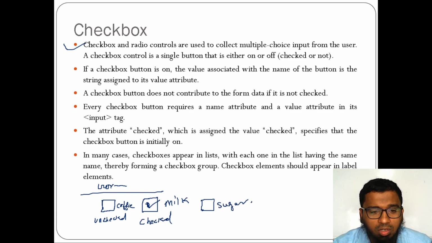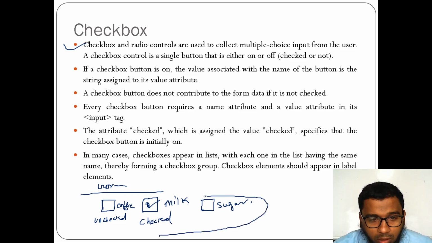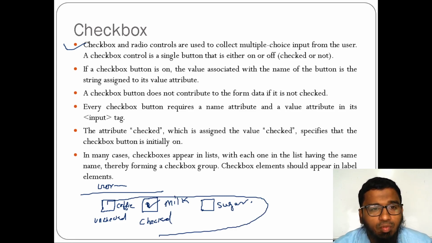Sometimes I want only milk, sometimes I want coffee, sometimes I want sugar, and sometimes I want all. Because of that we need to use the checkbox. This is an example, and how to write this example in code in the HTML language, that also we will see.